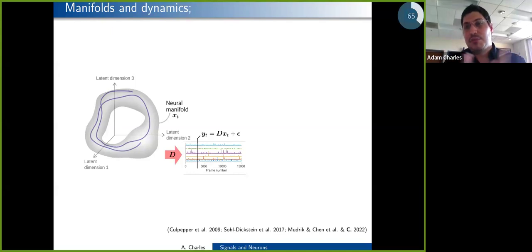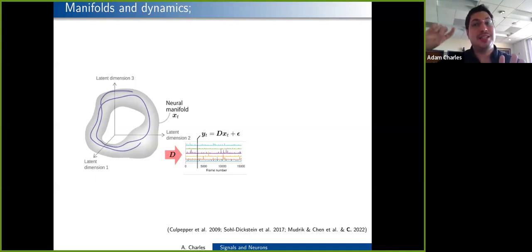I'm going to assume very little about that surface other than it exists. And furthermore, we could go a step further and say that it's not directly the data itself, but you could think of it as being in this latent dimensional space where the actual data Y is some readout of this latent dimension. In this model, we're going to assume it's linear, because I want my dynamics to be nonlinear.